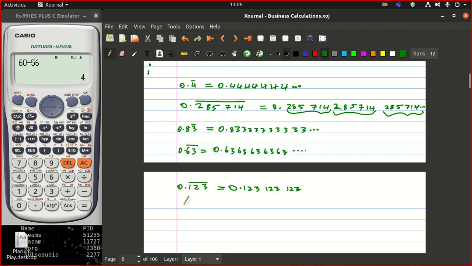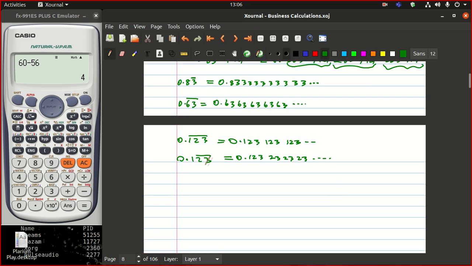And if I have 0.123 and then I have this piece here, this simply means that I will have 0.123, but after this number, I keep repeating only these two. So I will end up having 23, 23, 23, and then my three dots. So that is how we use that particular notation.